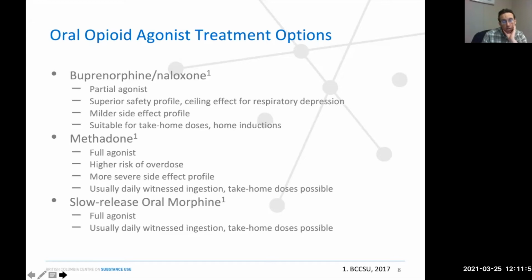The other really important part about buprenorphine is it has a much superior safety profile. It's very difficult to cause overdose with buprenorphine. And in fact, there's some evidence that it's protective against opioid overdose. Many people think it has a milder side effect profile. And because it's much safer, it's much easier to have take-home doses much more quickly, to have home inductions, that kind of thing.